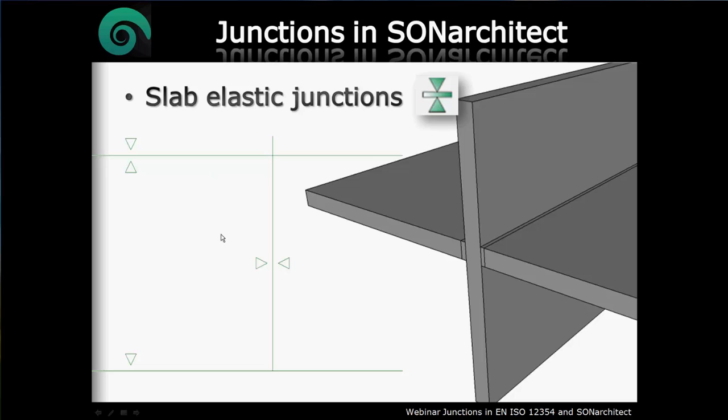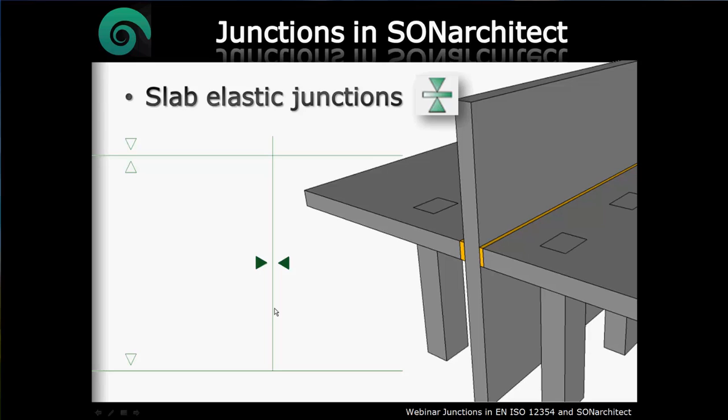When you click on one of the arrows, there is a top view of the slabs that you are defining. If you click on one arrow, you will have the slit or the elastic junction right at this arrow, and then if you click on the other one, you will have another on the other side of the wall. And of course, if you do things like that in reality, you will need to insert some columns, otherwise you will get your slab on top of the wall.